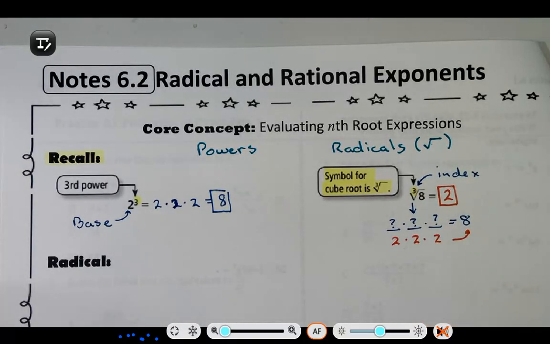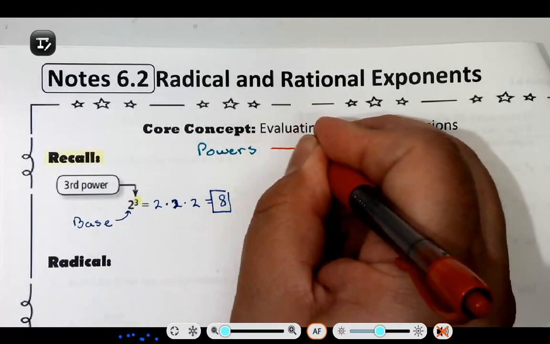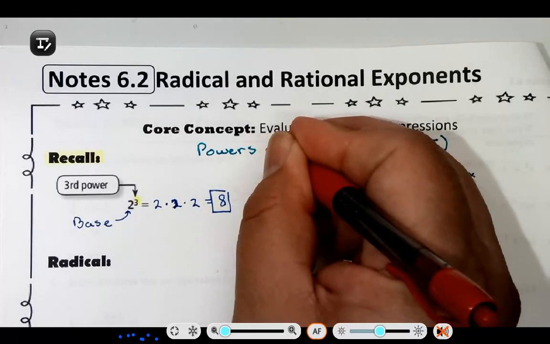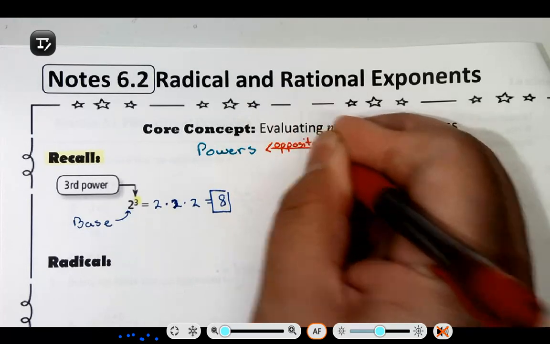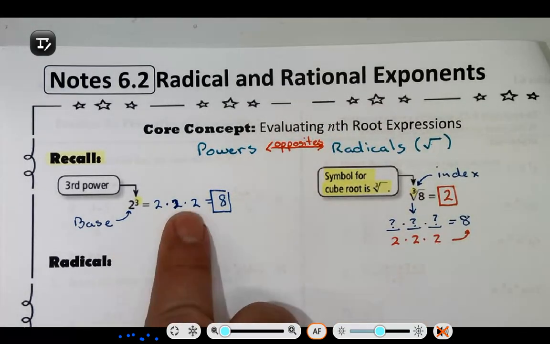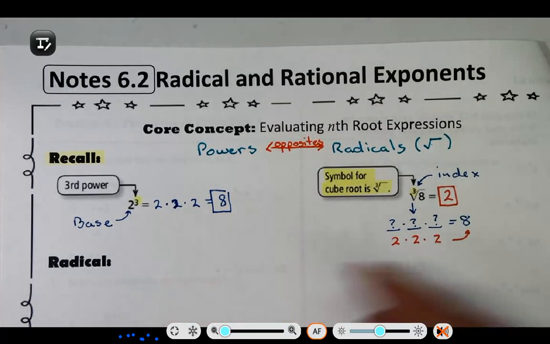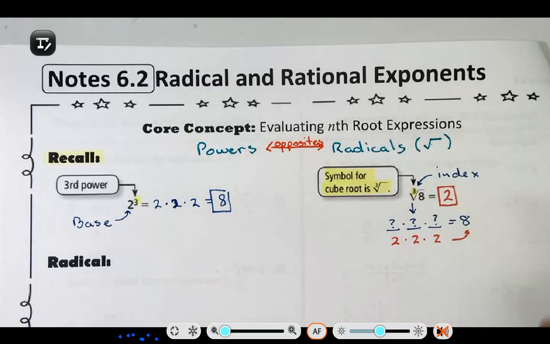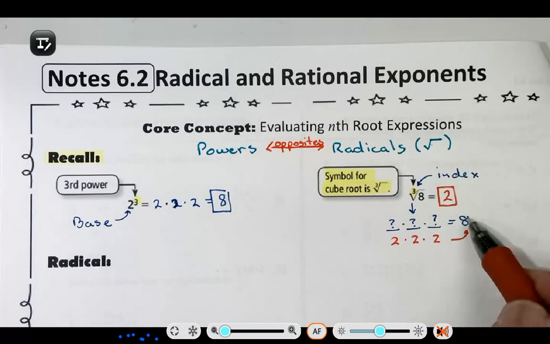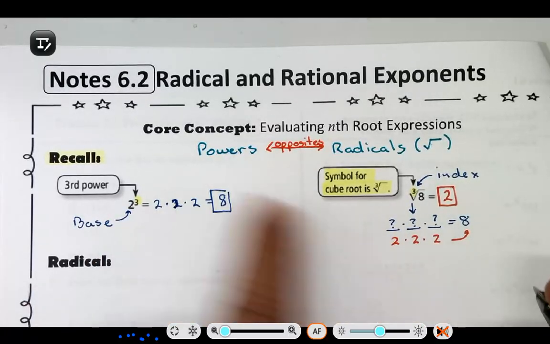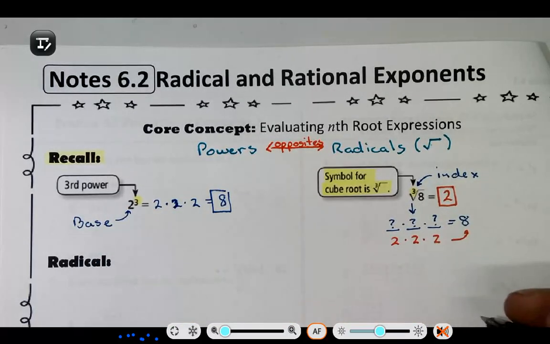But what we have to understand is that powers and radicals are basically the opposites of each other. So they're opposites. See, a power says, well, write it 3 times and then multiply it. Well, a radical is asking, okay, well, what did you multiply 3 times to get that 8? So there's a similarity or connection between them.